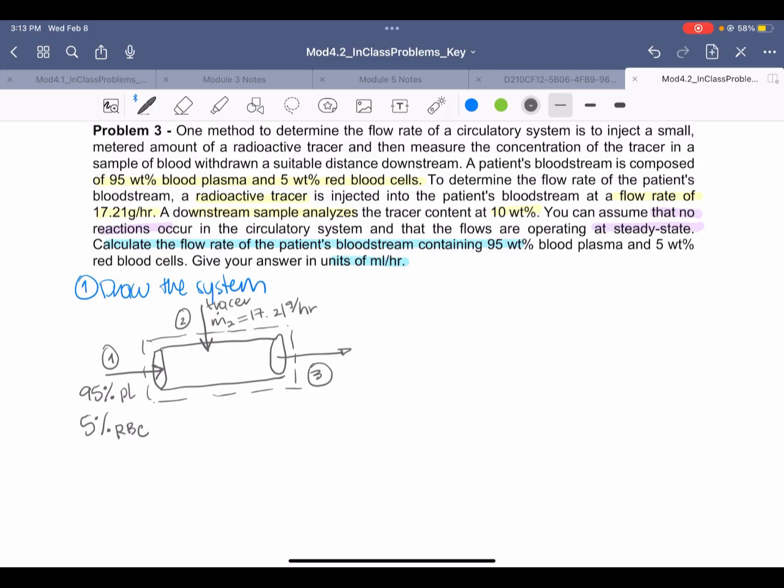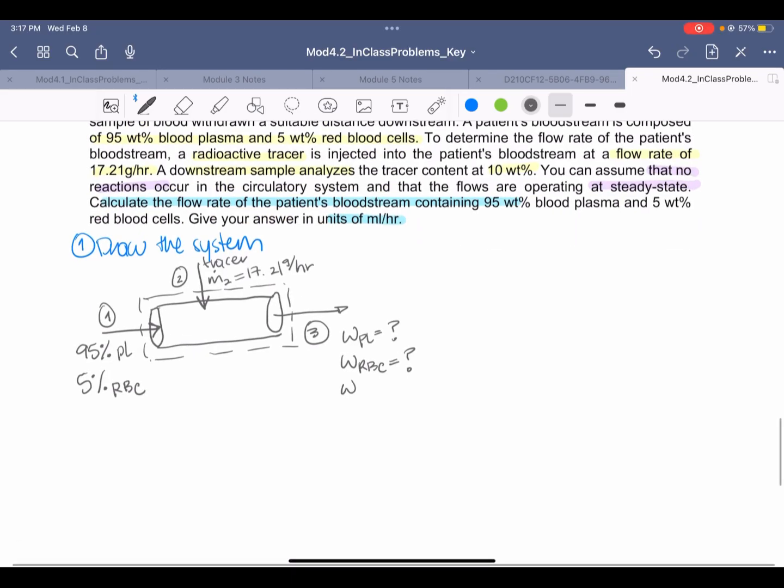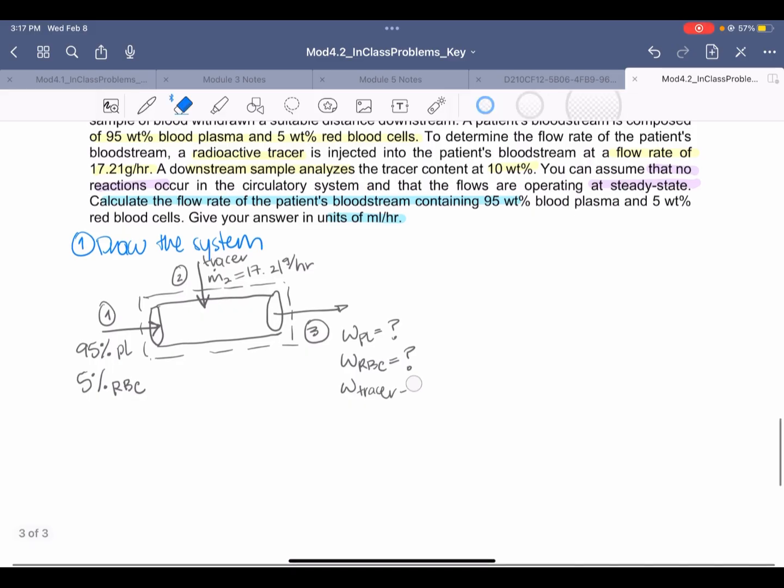And in the outgoing stream, we don't know the concentration of plasma, unknown. We don't know the concentration of RBCs. But we do know that the mass fraction of tracer is 10%.